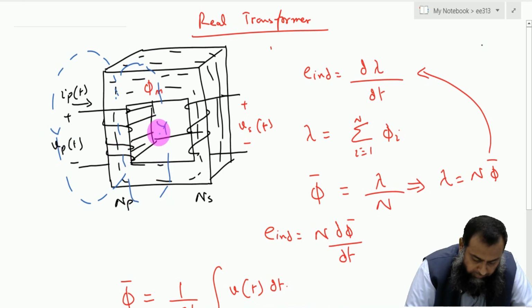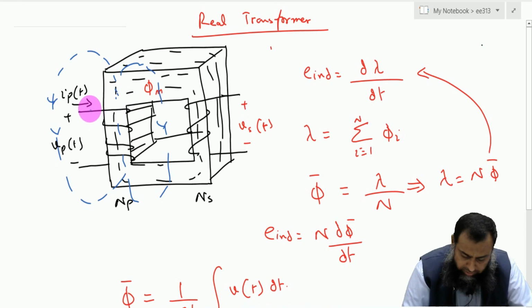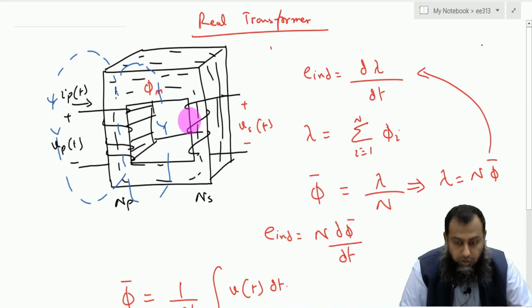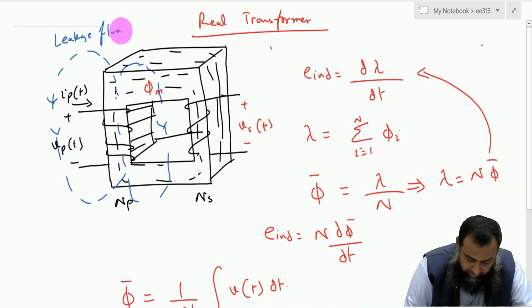The direction of this flux can also be calculated by using the right hand rule. This flux, which is neither linked with the core nor with the secondary winding, is known as the leakage flux, and we represent it as φLp here.